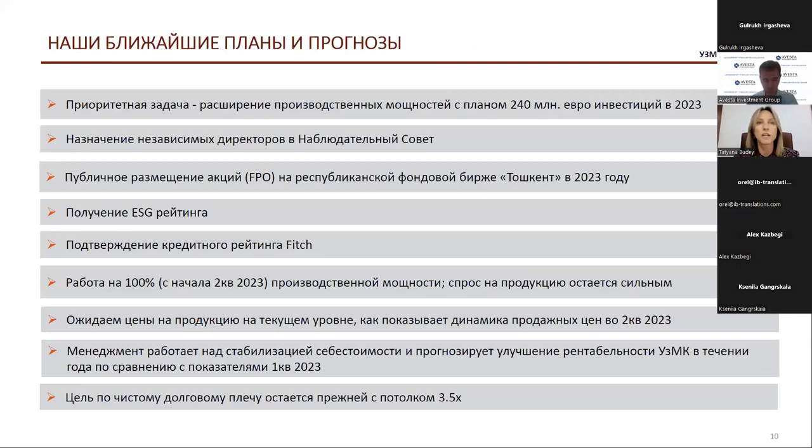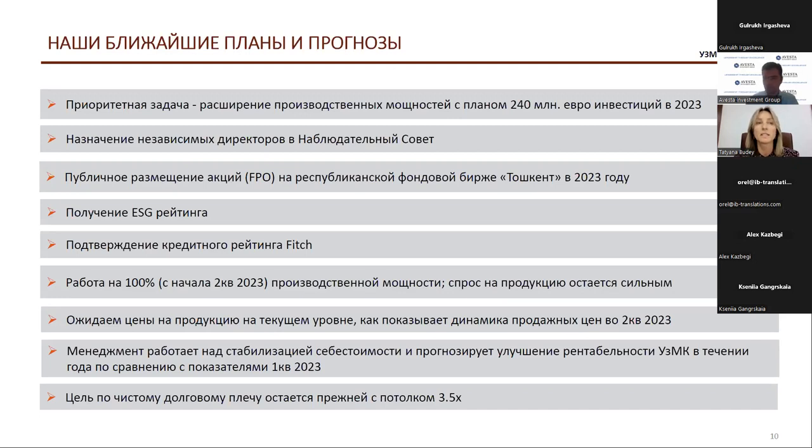Now, to wrap up my presentation, I would like to briefly touch upon our immediate plans for 2023. Our top priority is still to implement our production capacity expansion project. This year, we're going to invest some 240 million euros in the project. Also, we keep working on improving our investment appeal.